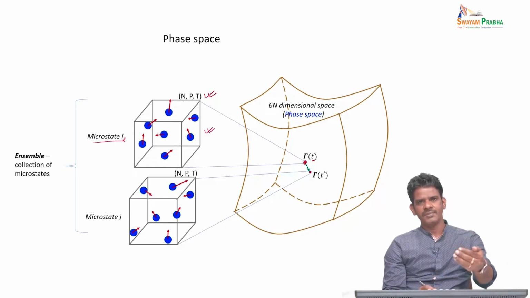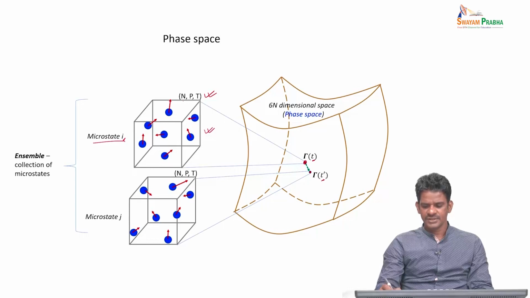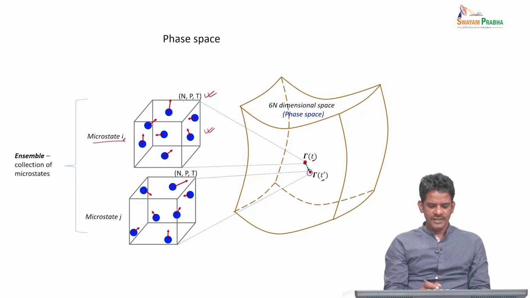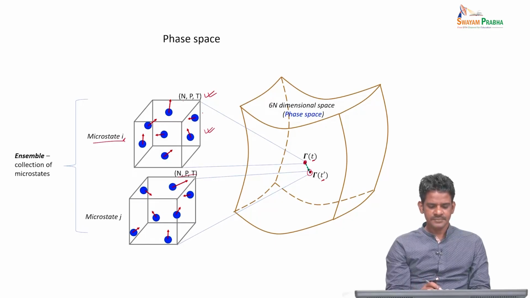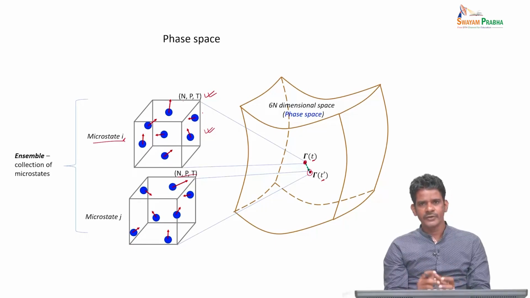Now let's say at another time t prime, the system has moved from this point to this point. If I zoom in on the nature of the system at this time, you can see we still conserve the number, pressure and temperature like before, but microscopically the atoms have changed their positions and also exchanged momenta.